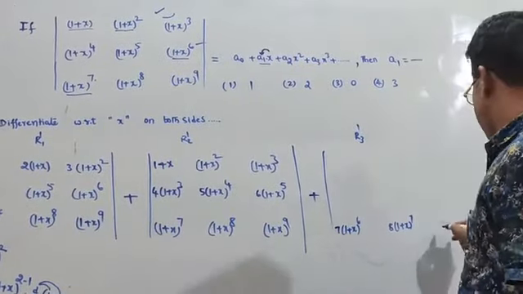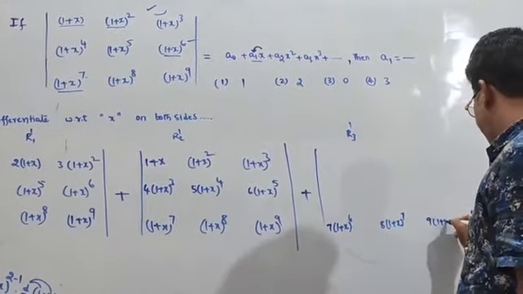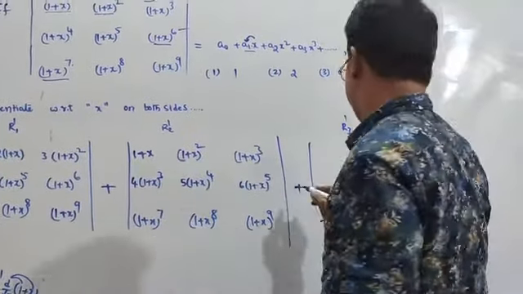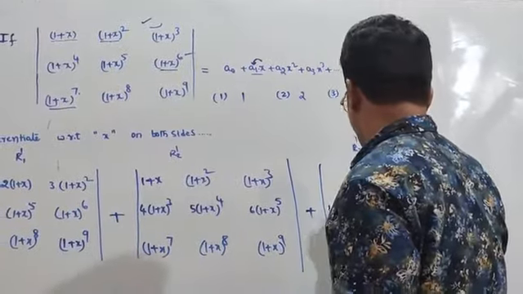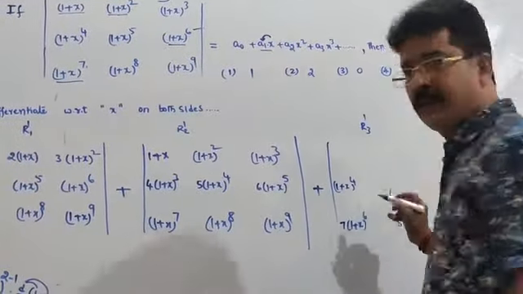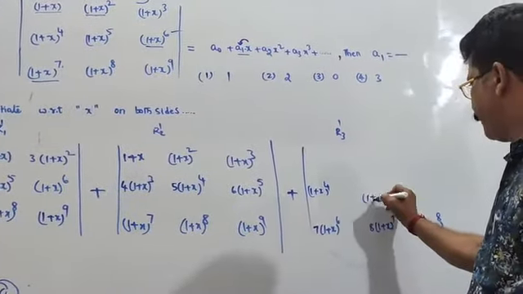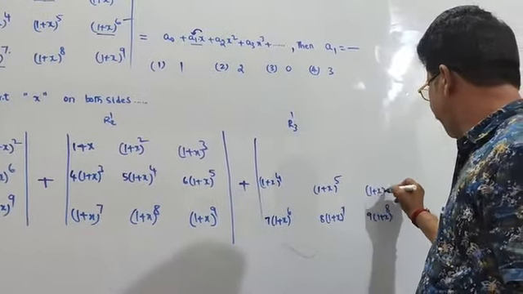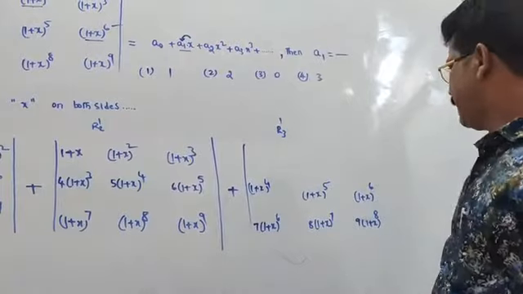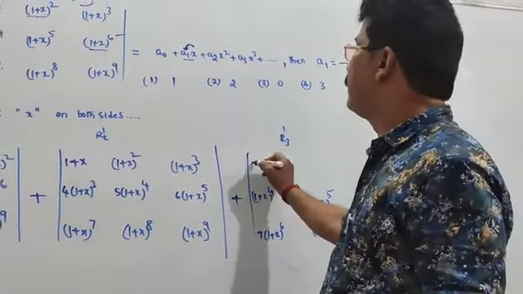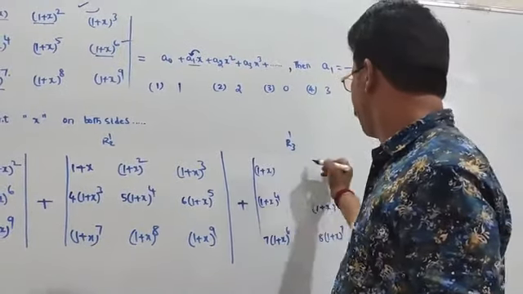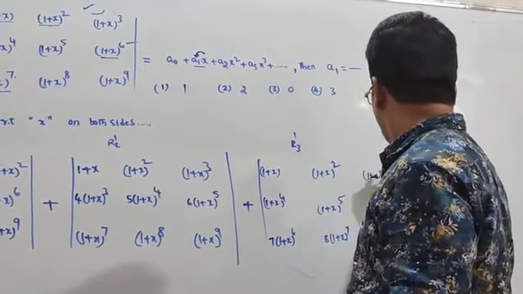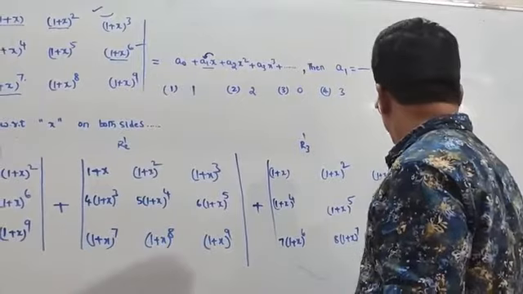Next 9, (1 plus x) power 8. What about the remaining? Same. R2 same, don't differentiate, because already we differentiated R3 elements. R1 same: 1 plus x, (1 plus x) square, (1 plus x) cube.